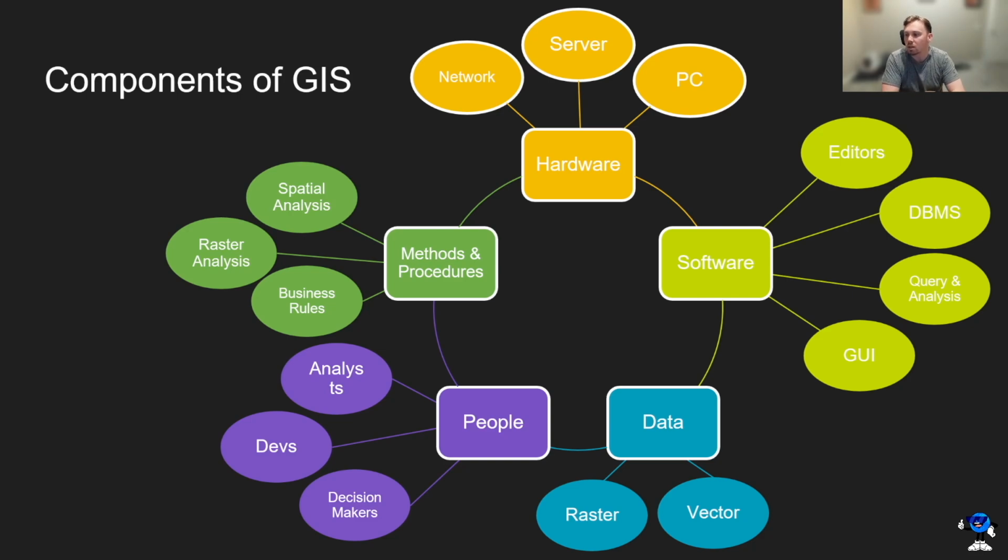GIS users range from technical specialists who design and maintain the system to those who use it to help them perform their everyday work. A successful GIS operates according to a well-designed plan and business rules, which are the models and operating practices unique to each organization.